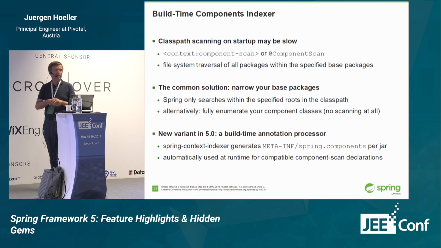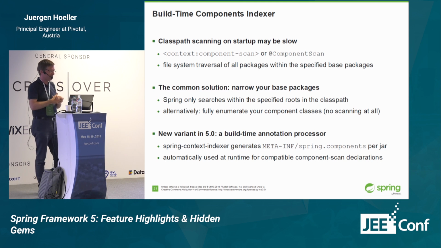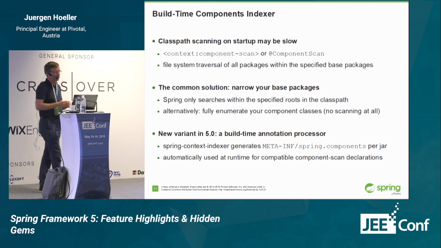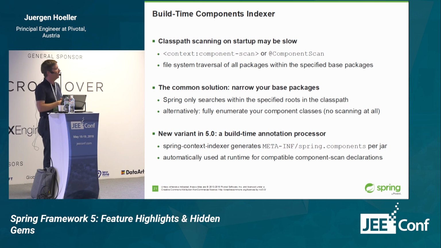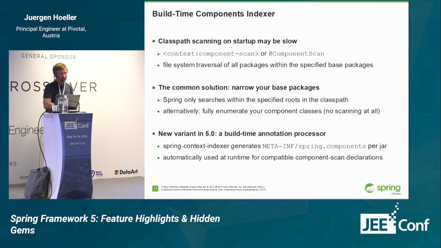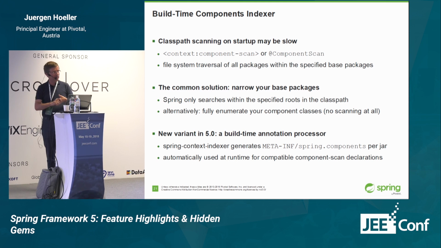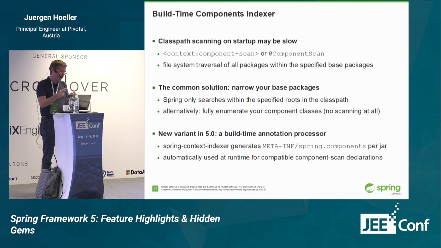A side note: if you ever had an issue with component scanning in a traditional annotation-based setup in particular, then maybe check out a new feature in Spring Framework 5 called the Components Indexer. The Components Indexer is essentially a build time task, an annotation processor that you just attach to your build, and it's going to generate a little spring.components file that's to be included in your jar files.